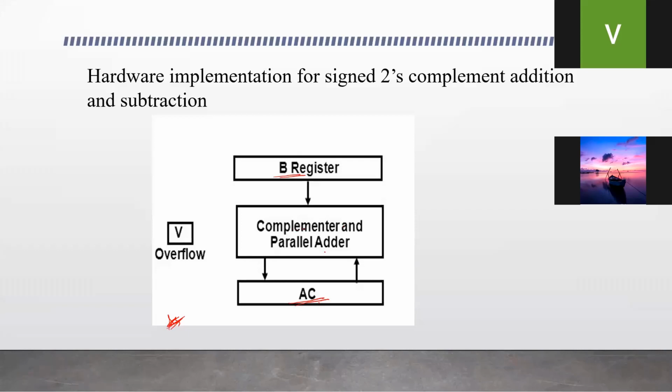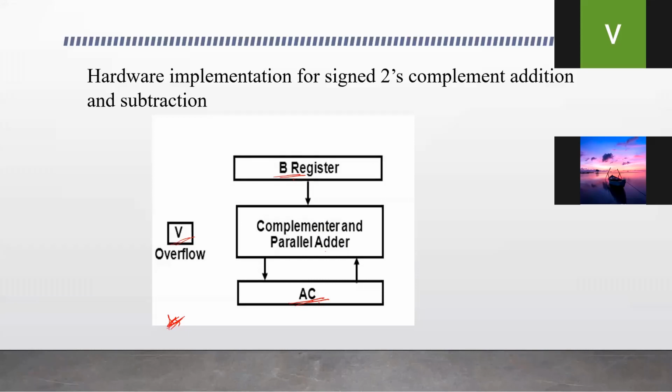So first A and B will be added for addition. If it is subtraction, what do we do? B, the subtrahend, is complemented and added to AC. And the overflow will be stored in the register B. Okay, the two numbers are taken in register AC and register B. The operation to be performed may be addition or subtraction.